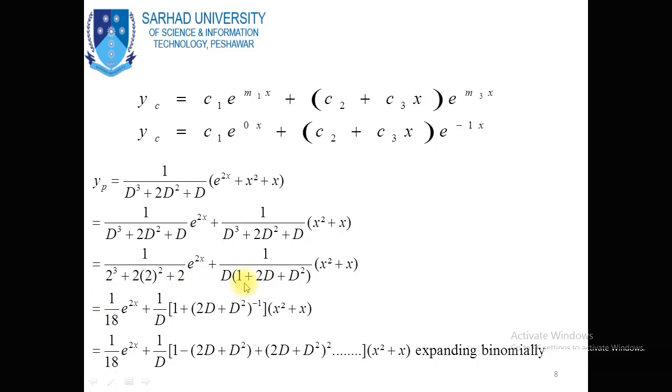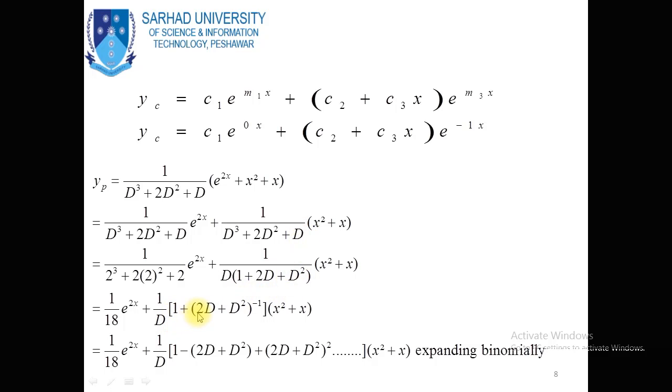Now the particular part for the polynomial is remaining, so we are going to find the particular part in the case of the polynomial. 1 over d and 1 plus 2d plus d square. 1 is the first term for the binomial expansion and 2d plus d square is the second term. So we can write 1 plus x, where x represents the second term, and shift this expression to the denominator.